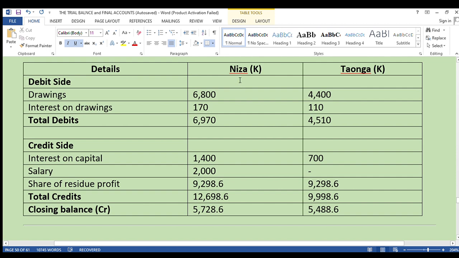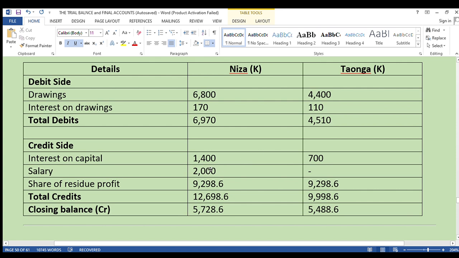For both partners, the drawings and interest on drawings go on the debit side. So the drawings for NISA is this, the interest on drawings is this, and the total debits are this. Even for Taonga, the drawings are this, the interest on drawings are this, so the total is this.